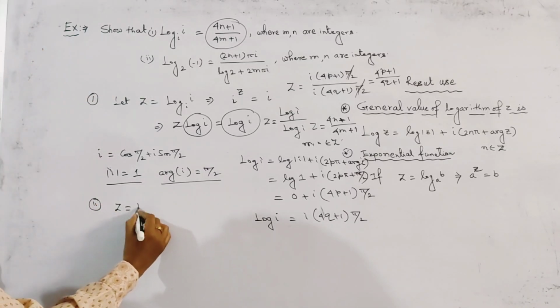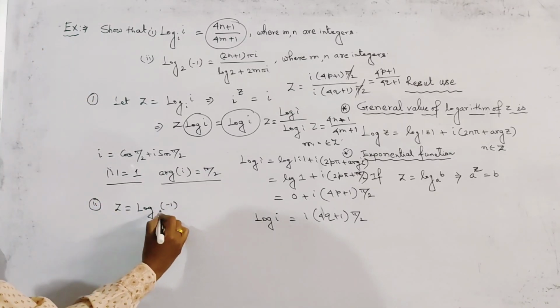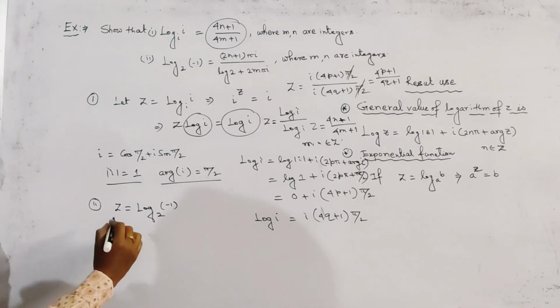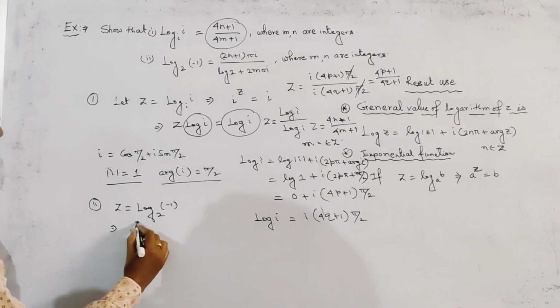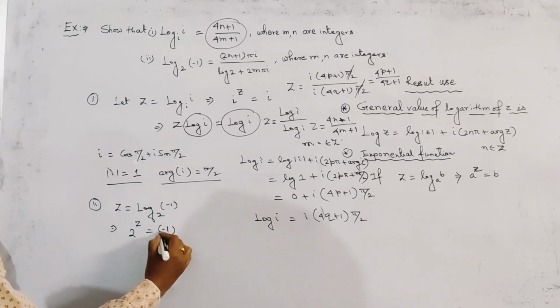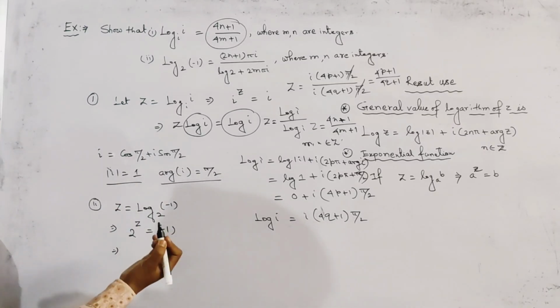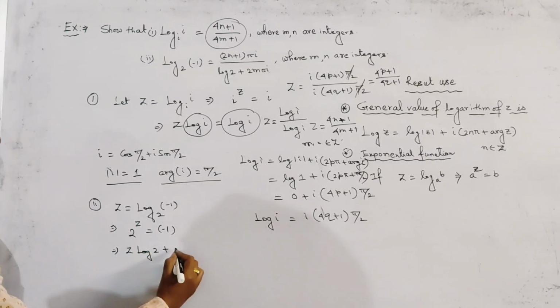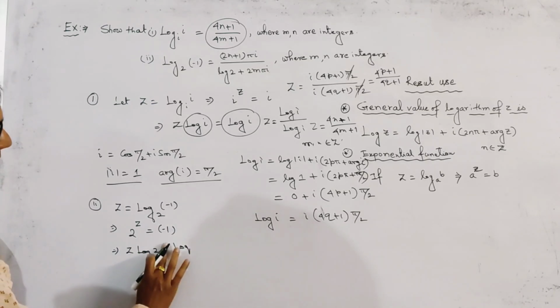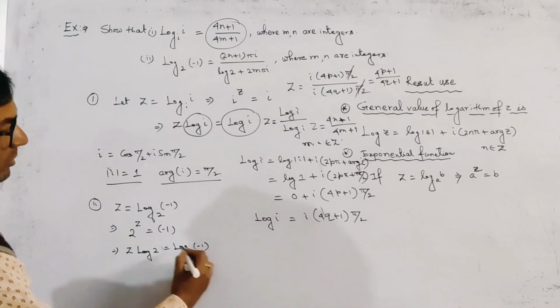Let z be equal to capital Log of -1 base 2. From the definition of the exponential function, we may write 2 to the power z is equal to -1. Now taking logarithm, we get z into capital Log 2 equal to capital Log of -1.